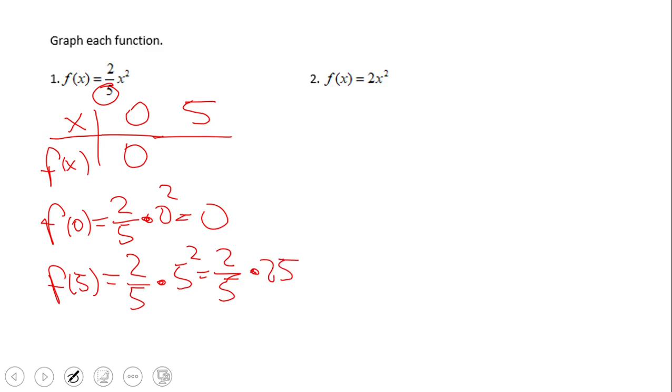And we end up with this product, 2 over 5 times 25, which is 10. Well, with these 2 points, we have enough information to sketch the graph.